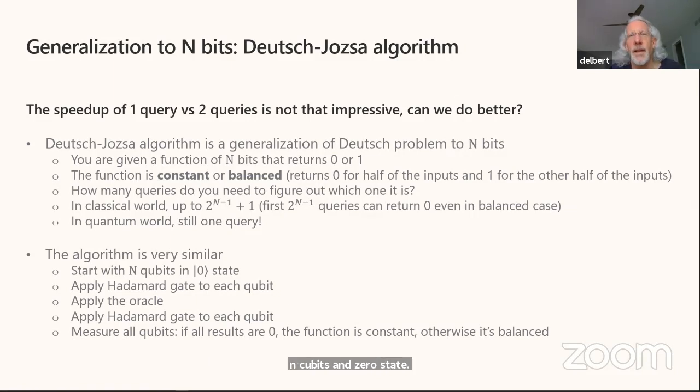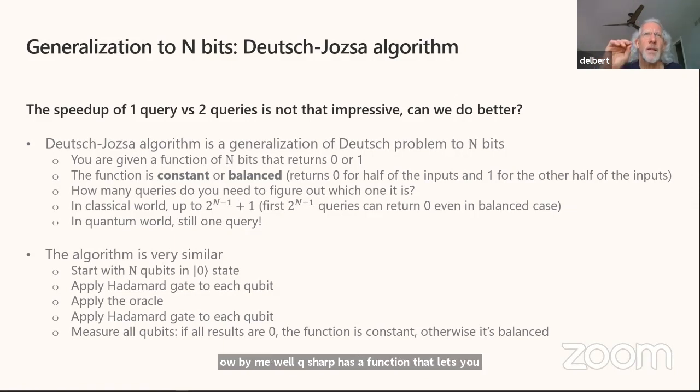So there's a Q#. Folks were asking, well, what does Q# give me? Well, Q# has a function that lets you pass more than 1 qubit, each qubit through an individual gate.